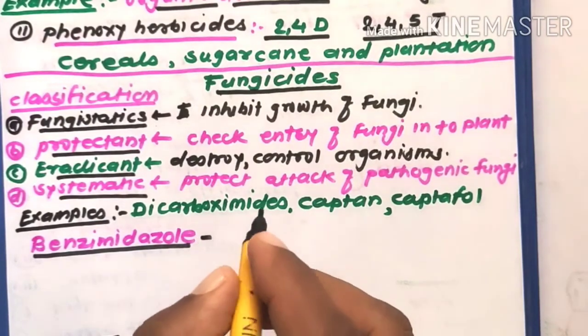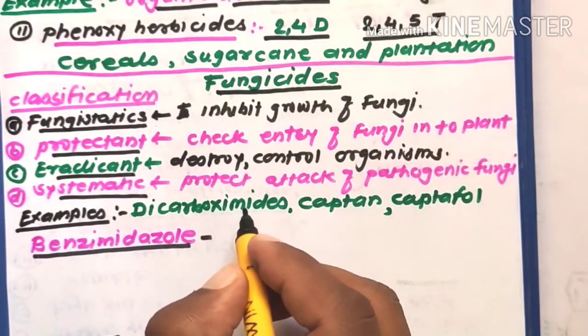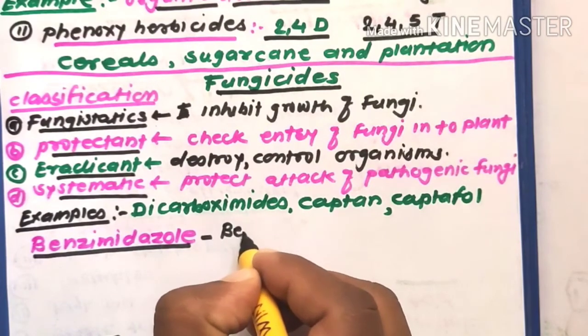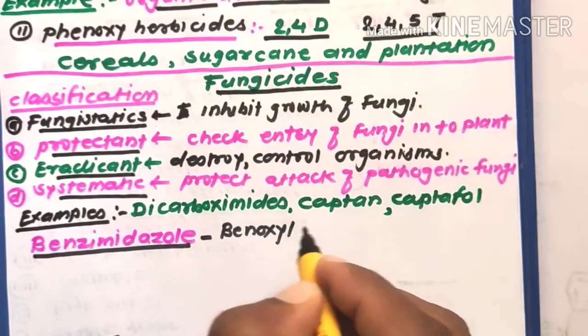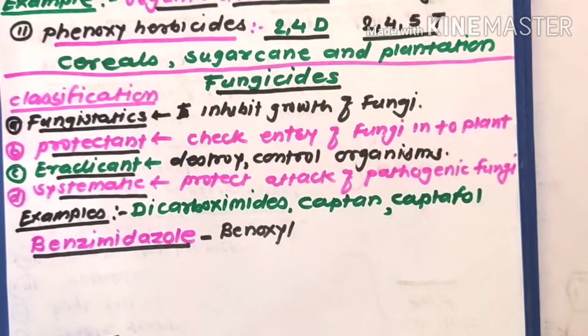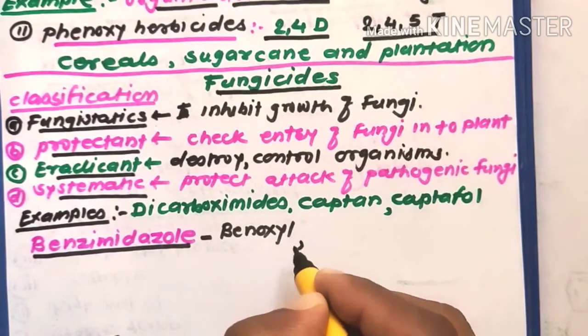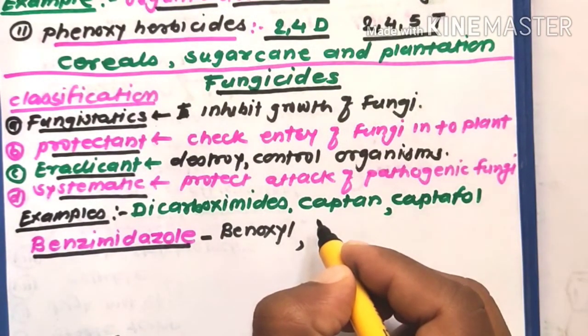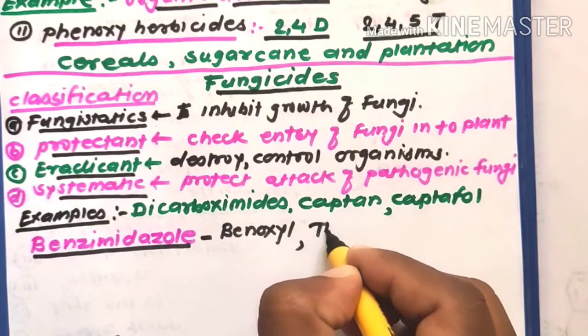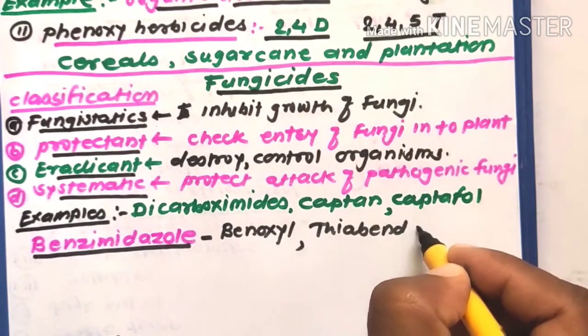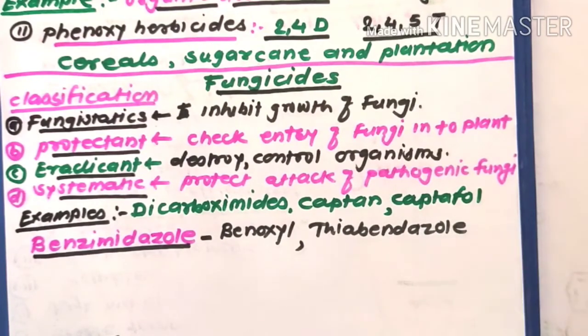Examples of benzimidazoles are benomyl and thiabendazole. These are the two important chemical compounds, benzimidazoles, which can be used to control the fungus.